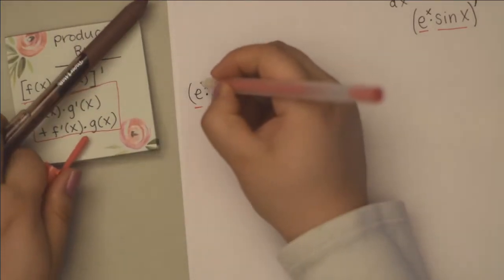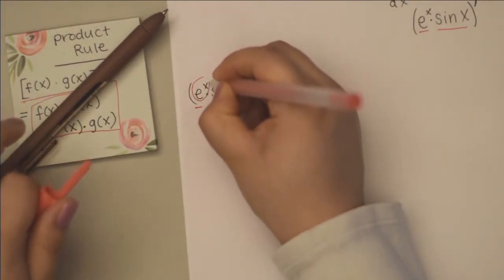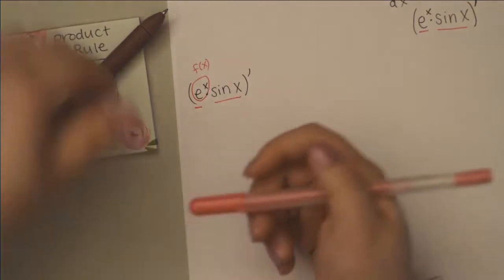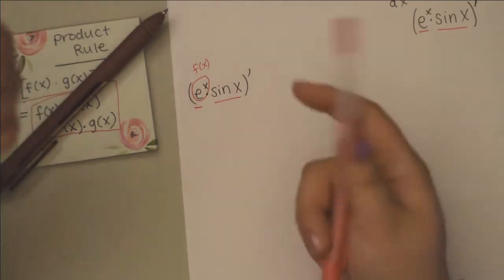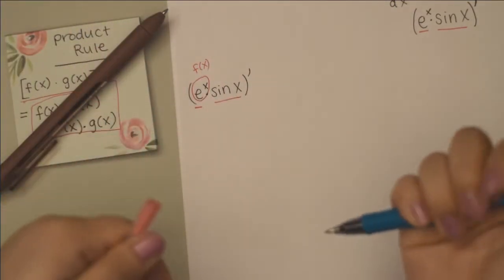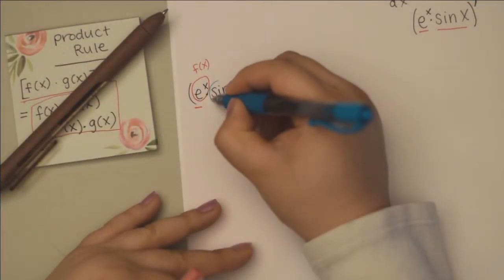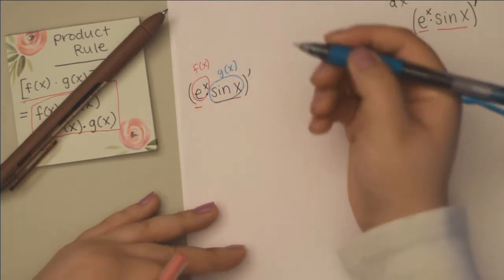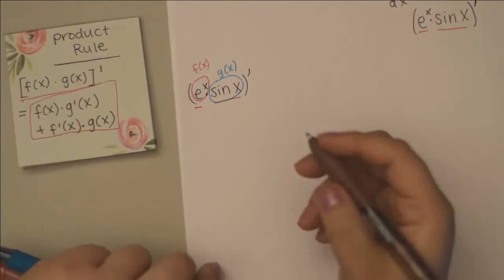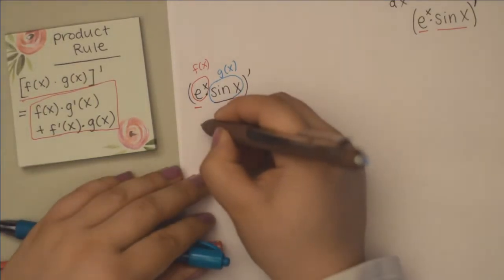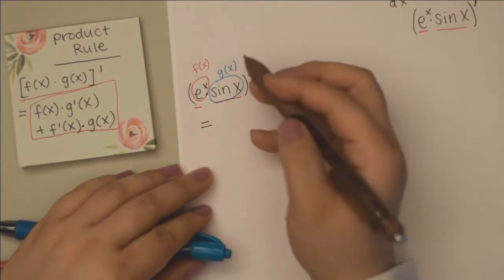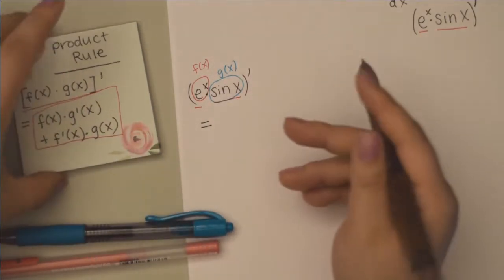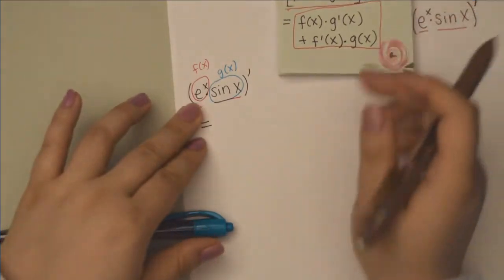So this first thing is my f of x, and let's see, maybe we can do another color. This thing is g of x.